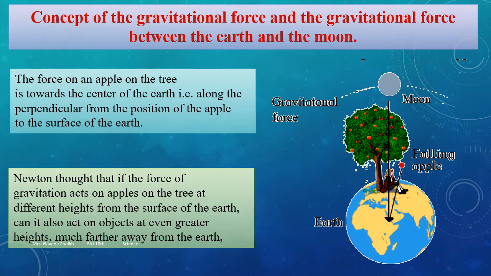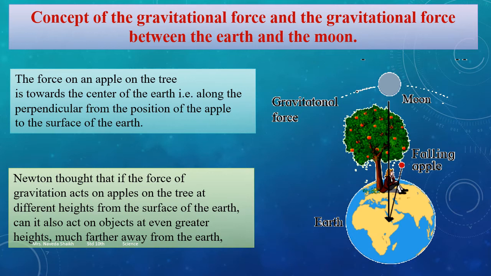So at different heights also, the gravitational force was acting, right? So that way he thought that even objects which are much further away from the earth must also be attracted towards the earth because of the gravitational force.